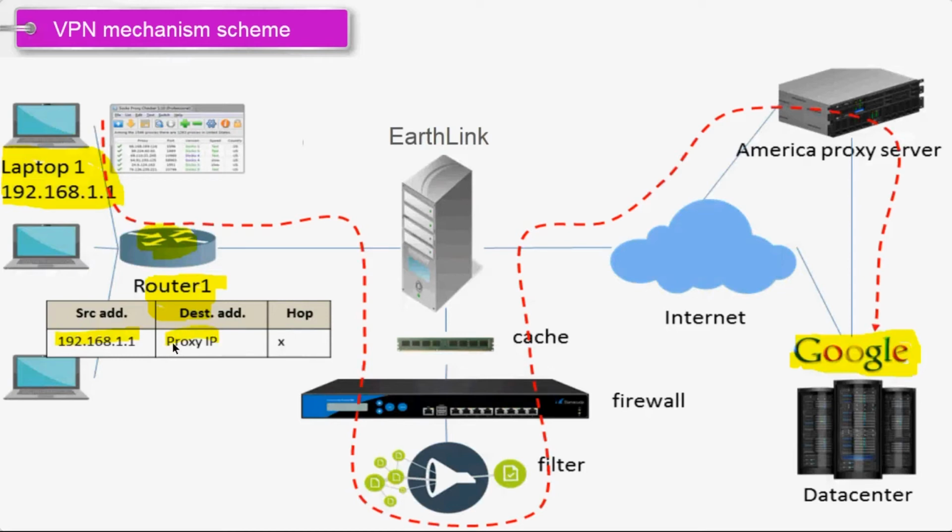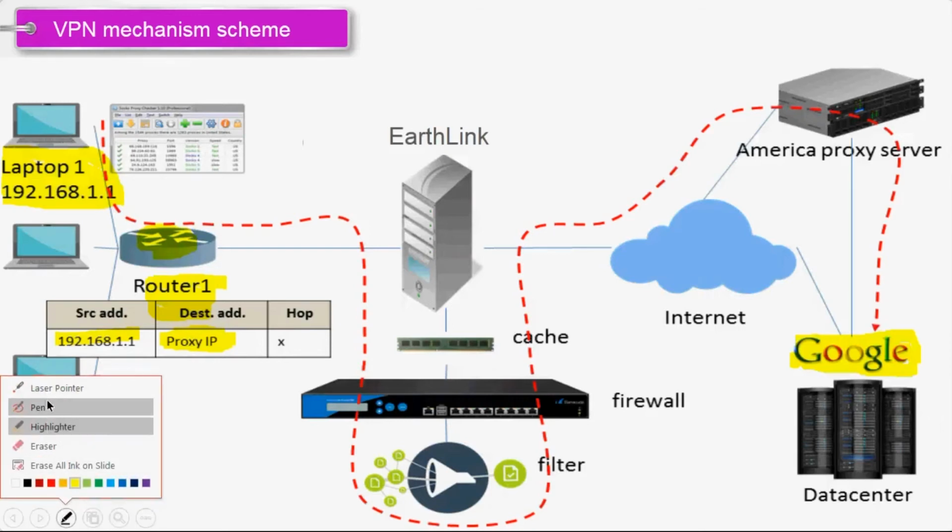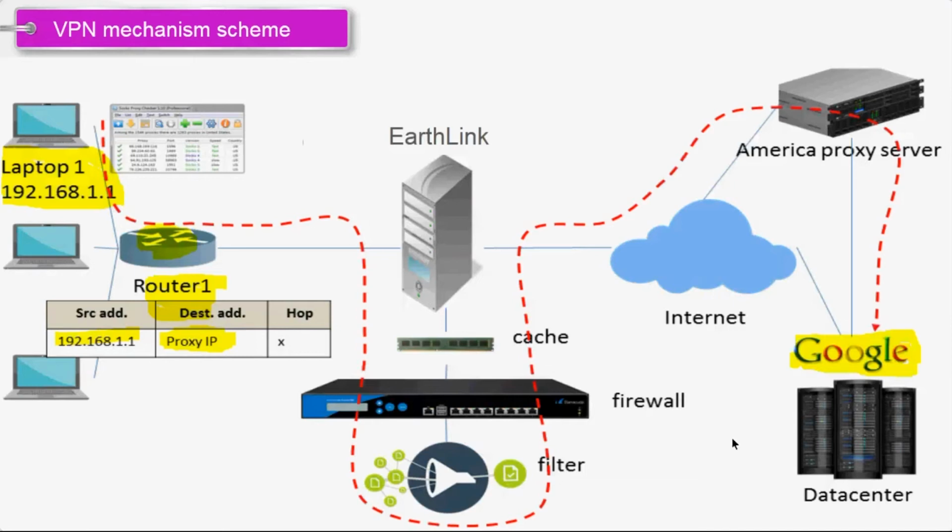Here, if I want to go to Google, it will be like this. Assuming that I want to go to Google, let's say Google's IP is 1.1.1.1. So I want to go to Google's IP.